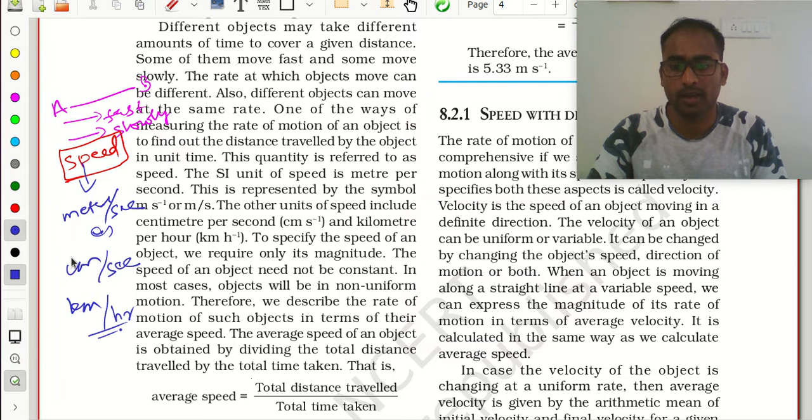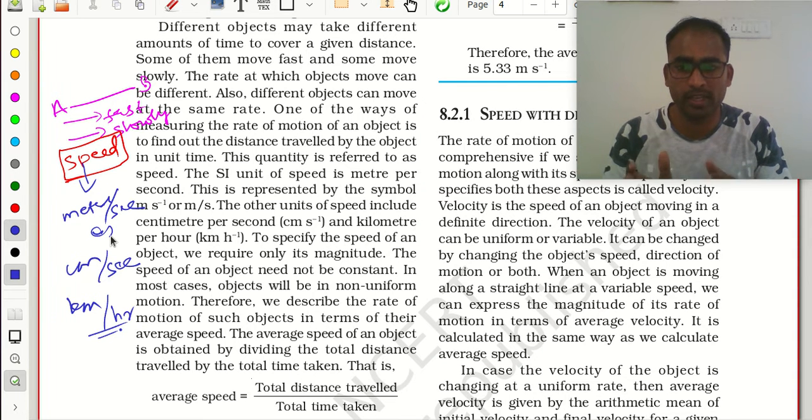For any object we need to measure the speed. Here we measure only the magnitude of the speed. There is no direction here.